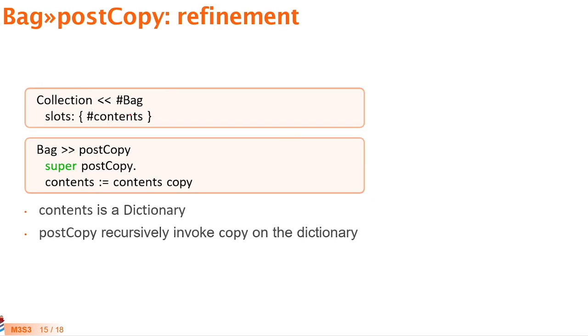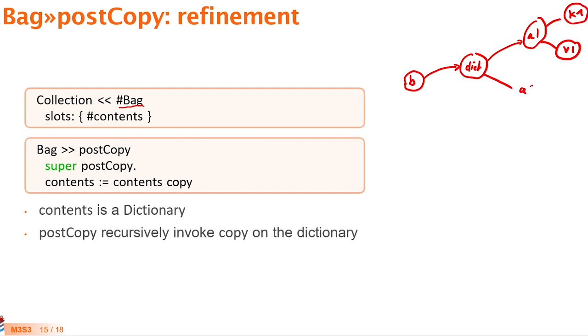Let's have a look at the Bag class. A Bag is a subclass of Collection. If I have a bag B, this is implemented by having a dictionary in the bag. So here I have a dictionary, and the dictionary has some associations, for example association 1, and an association has a key, key 1, and a value, value 1.